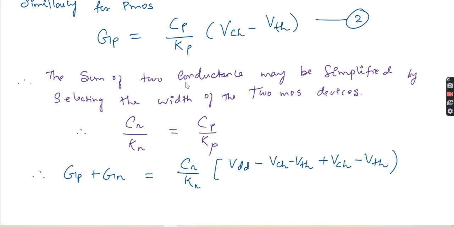Now simplify this. In short, what I can write in this Gp plus Gn, they are common, right? So Cn by Kn into VDD minus 2 times VTH. I will take this as equation number 3.